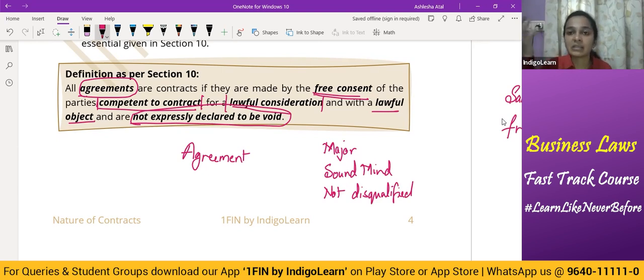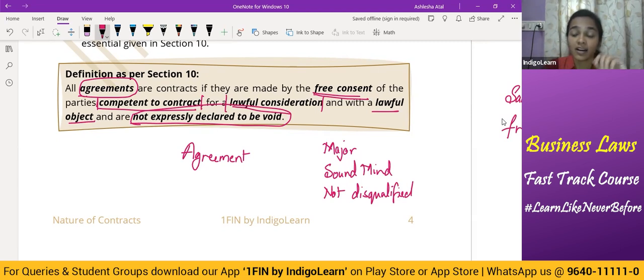So there are agreements in restraint of trade, restraint of legal proceedings, restraint of marriage, and those opposed to public policy. So there are certain agreements which are specifically declared void. If you're entering into such agreements, they are in the first place already void, so they cannot be legal or lawful at all. So this gives us the essential elements as per section 10.